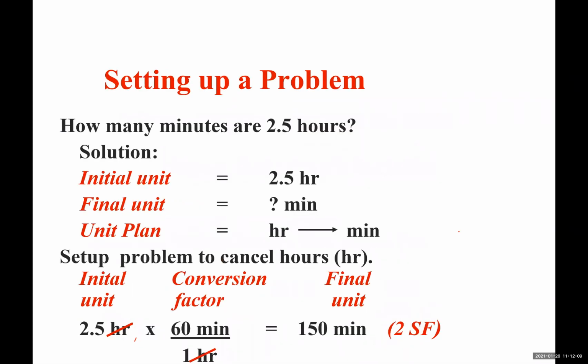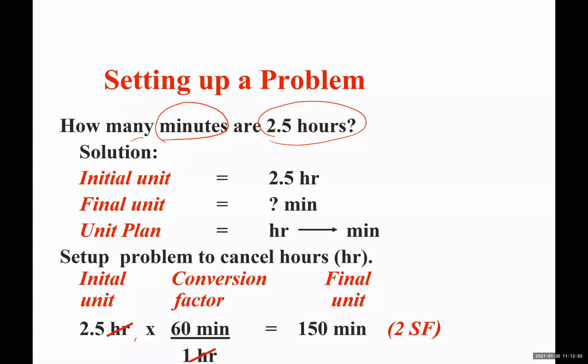I'm going to give you an example, then I give you an example for you. I do a problem, then you apply the same concept to do a problem that I give to you. Suppose this problem: how many minutes are there in 2.5 hours?